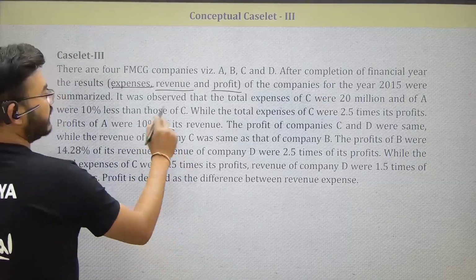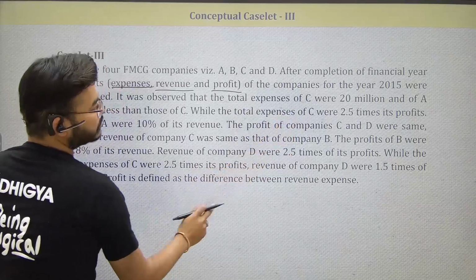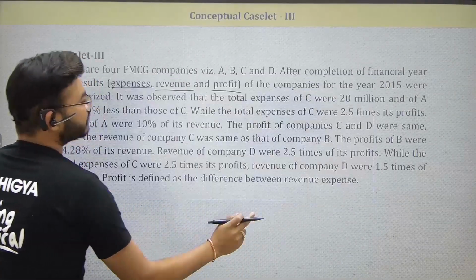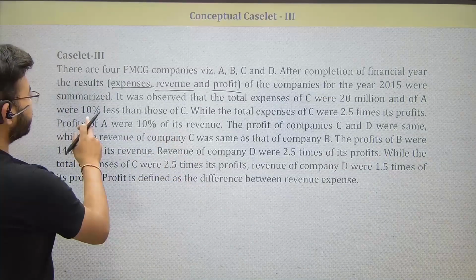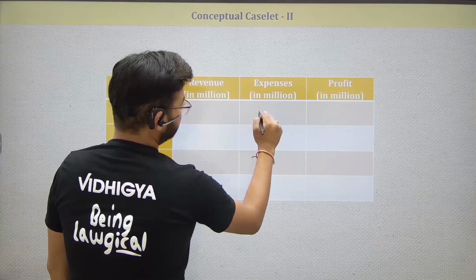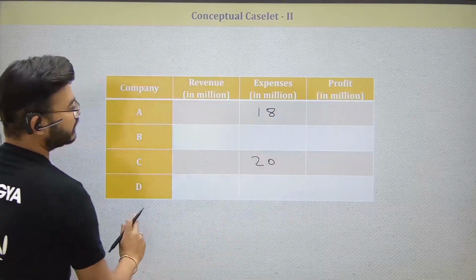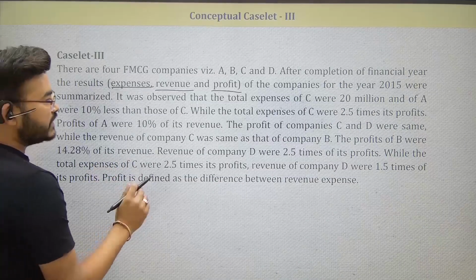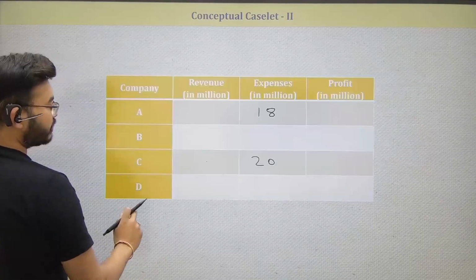Now it is given that the expenses of C were 20 million and of A were 10% less than those of C. So that becomes 18 million. While the total expenses of C were 2.5 times its profit.